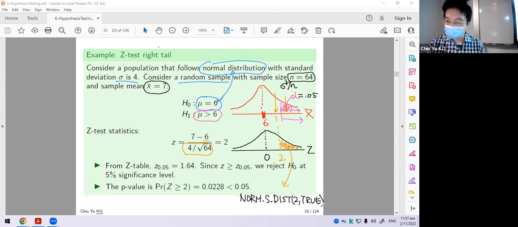Remember, this is not the end because this only gives us the area on the left-hand side, so 1 minus. Okay, so you get this answer. I'm not going to go to Excel, you can just check. If this is less than 5%, then you reject. You reject at 5%, but you don't reject at 1%. You reject at 10%, 5, not 1.